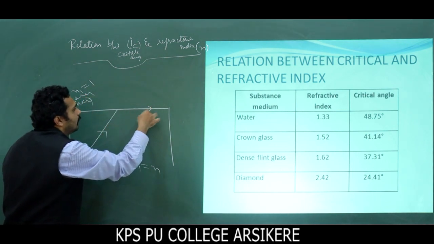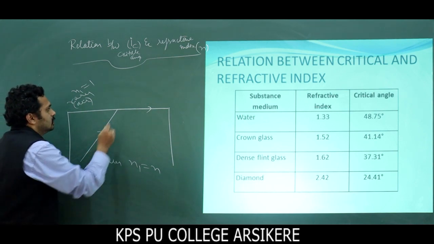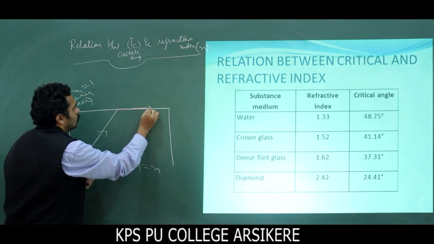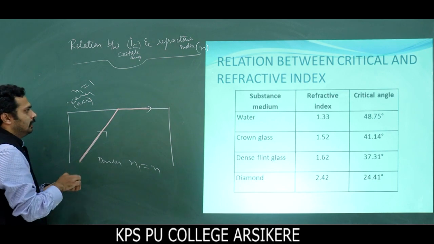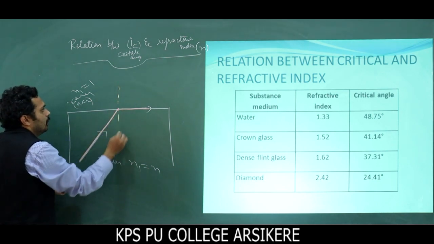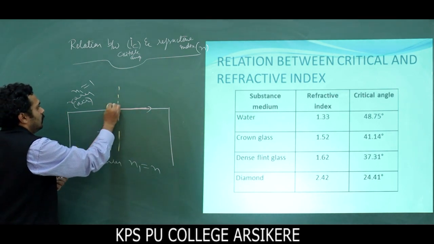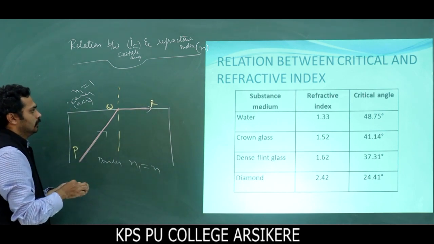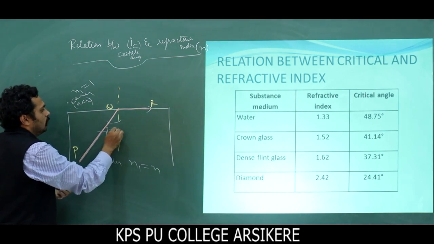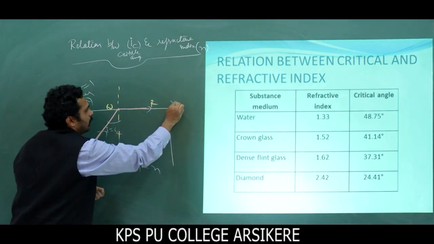Know that at the critical angle, when the incident angle is equal to the critical angle, the refracted ray grazes along the surface PQR. At I equal to IC, this is the XY interface.